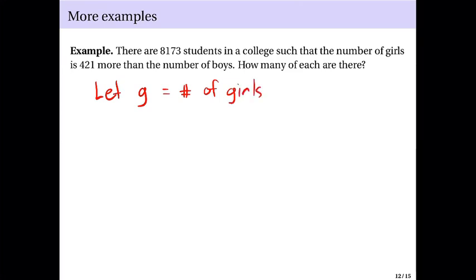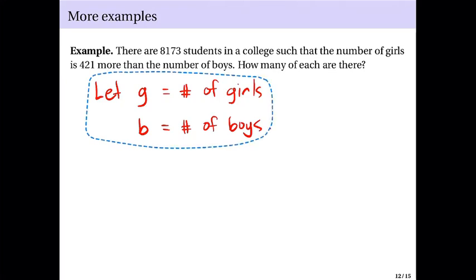And then let B be the number of boys in the college. Okay. Then, oh, my font is too big. Let me just resize this.